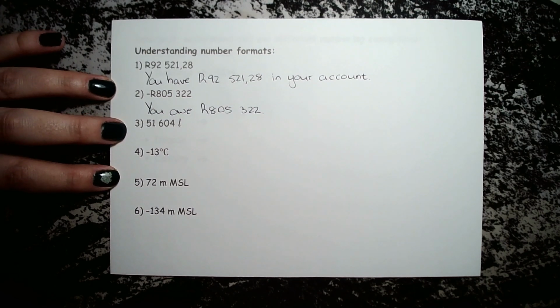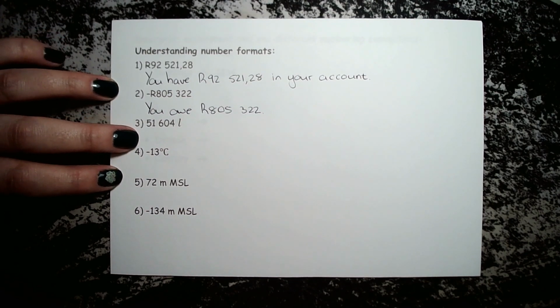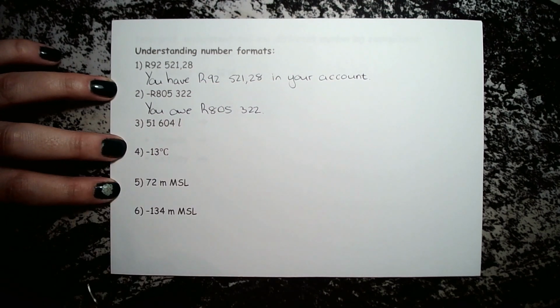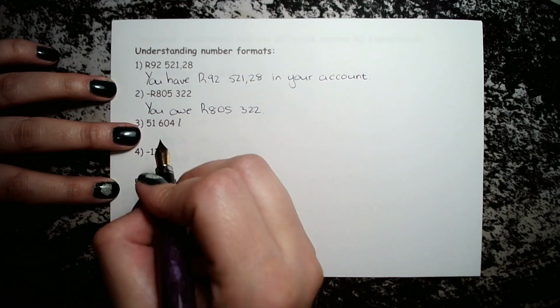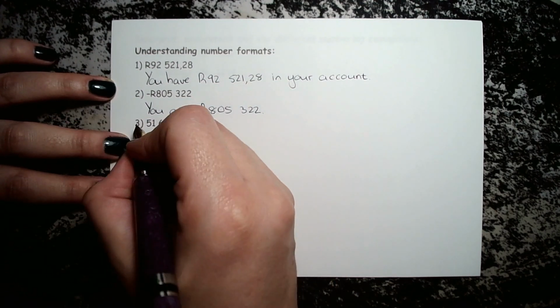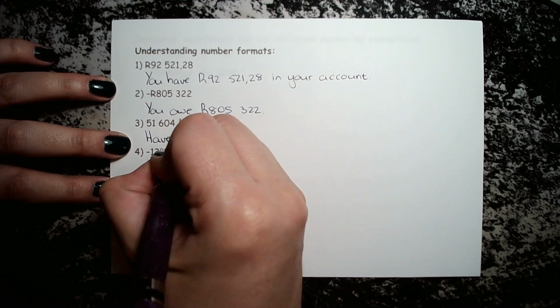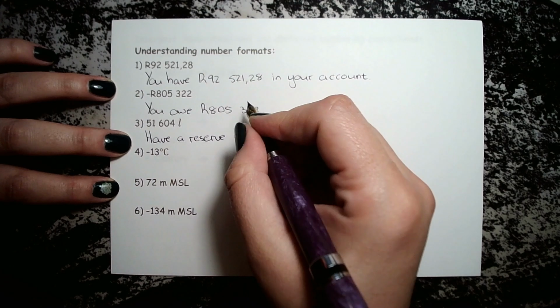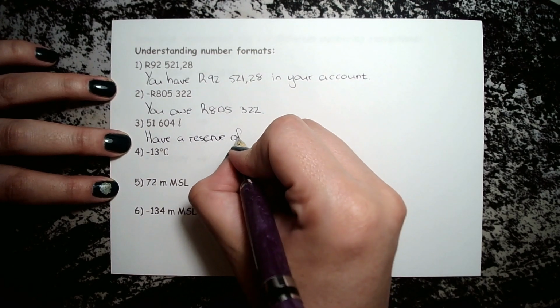For number 3, we've got 51,604 with an L afterwards. And that means that you have a reserve of 51,604 liters of water. You have a reserve, meaning in some sort of container.